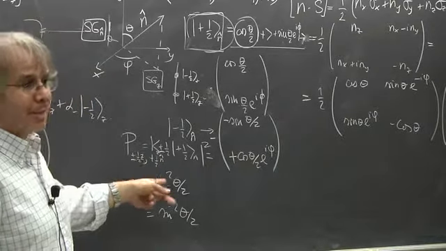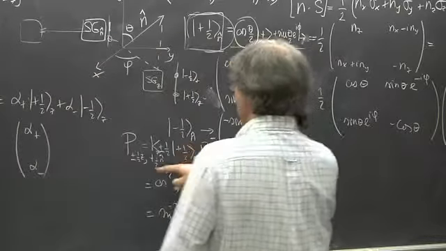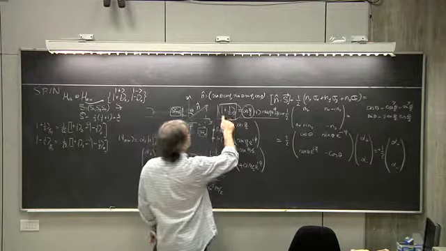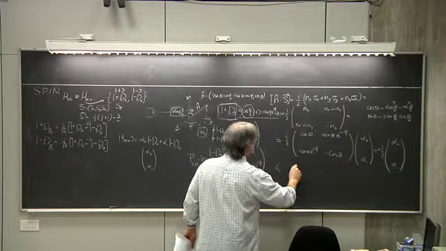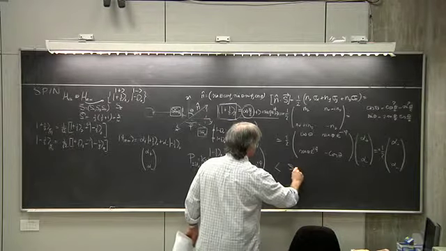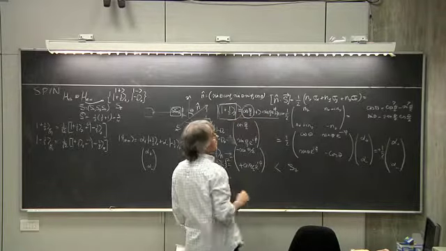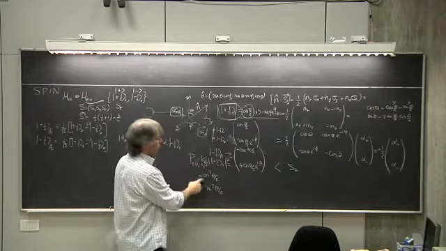Obviously, I can calculate the average as well. So what is the average value of Sz that I would measure on a state like this? Well, the average is very simple. I can calculate it from the very definition, or I can just use these two results already.